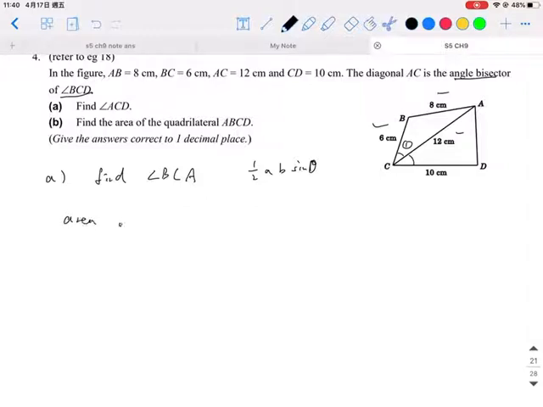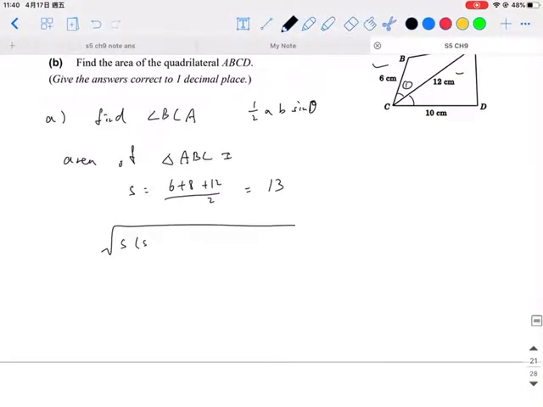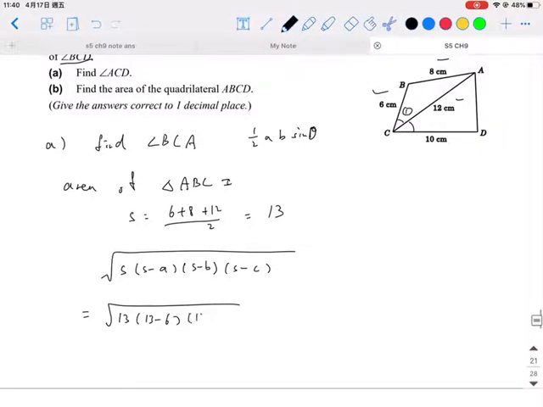So the area of triangle ABC, which should be equal to S, where S is equal to 6 plus 8 plus 12 over 2, which is equal to 13, right? 26 over 2, yeah. And then the area should be the square root of S times S minus A times S minus B times S minus C. And therefore, you will get this 13, and then 13 minus 6, 13 minus 8, and 13 minus 12.